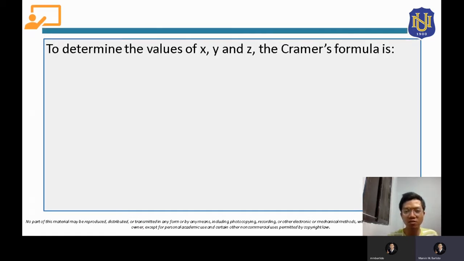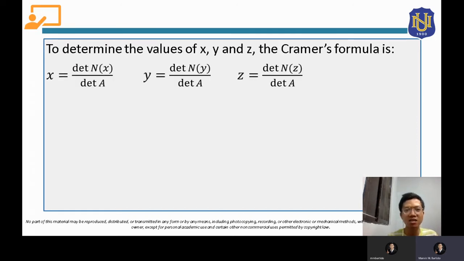To determine the values of x, y, and z, the Cramer's formula is used. In order to solve the system of linear equations as seen in the previous slide, we just have to solve for the values of x, y, and z.